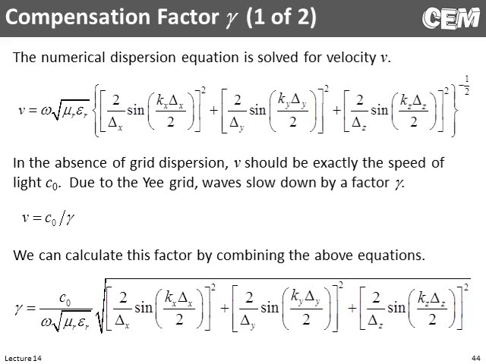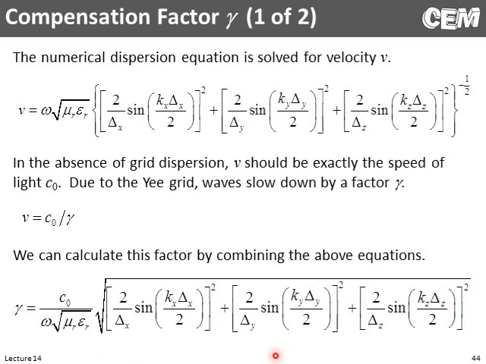So we go back to the numerical dispersion relation and we solve for that velocity v. We know that v is a little bit slower than the speed of light by some constant gamma, which you don't quite know what it is yet. But we can figure it out. Since we know that v equals c naught over gamma, we can take this expression and put it in up here for v and solve for gamma.